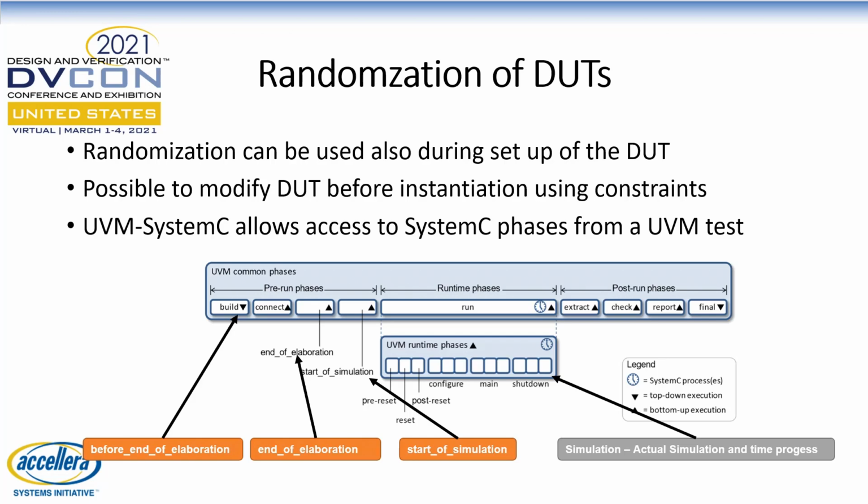This basically allows a UVM test to modify the design under test, because in SystemC, before end of elaboration still allows it to modify the DUT. And this can be used in a UVM test to basically randomize the DUT. And this can then be used to insert faults. So I will show you a small example how this can be done.